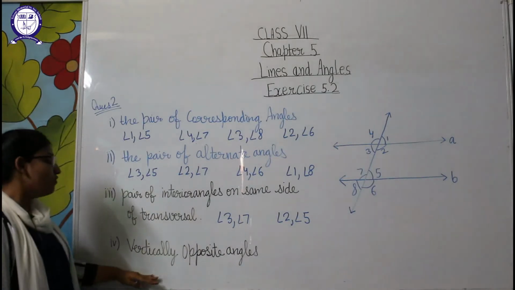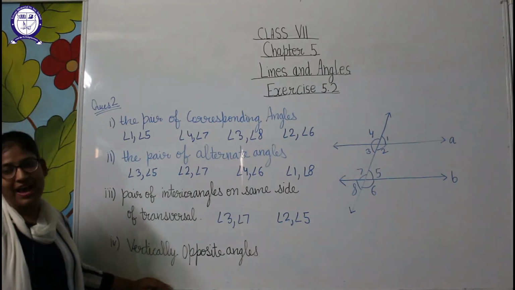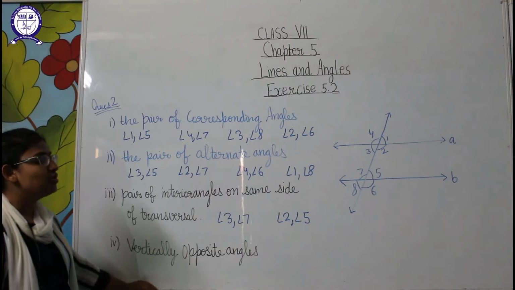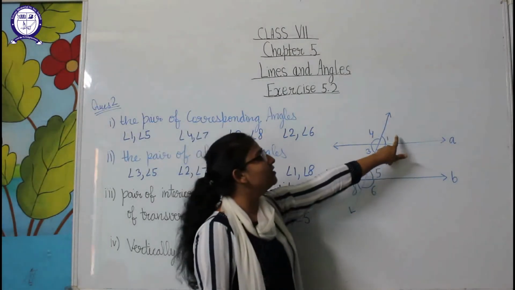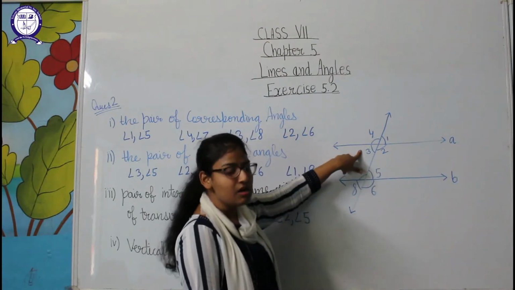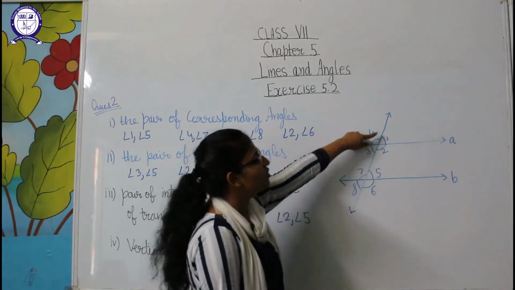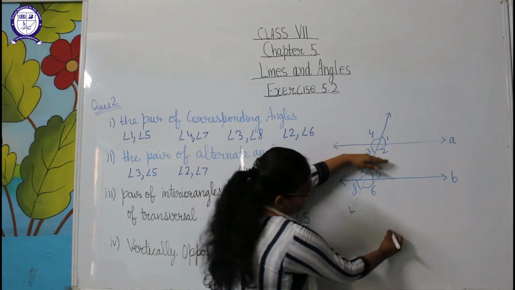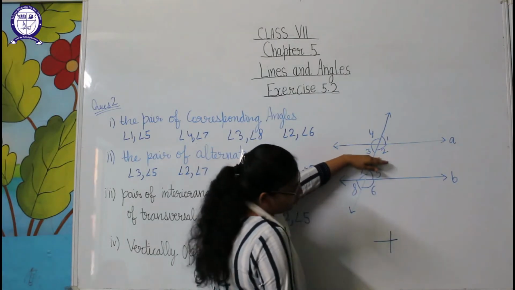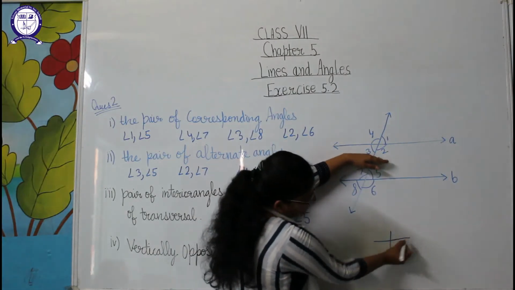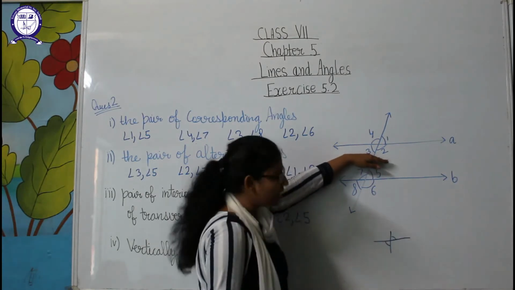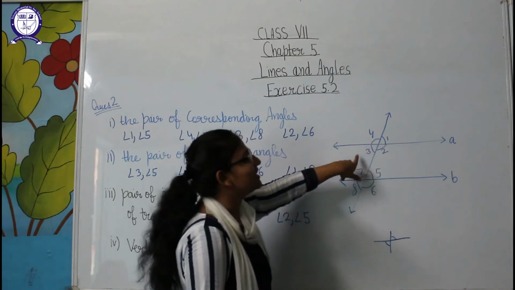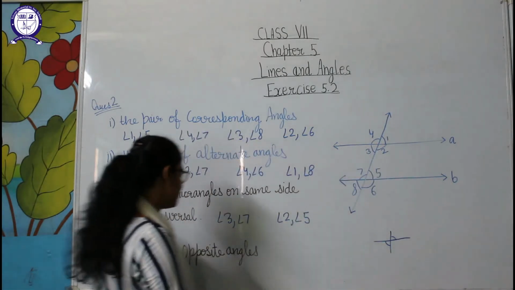Okay, now fourth part is vertically opposite angles. These types of angles you have done earlier. So simply angle 1 and angle 3 will be vertically opposite here, because we can configure this part like this. What are vertically opposite? Like this, the cross angles. So here angle 1 and angle 3 are vertically opposite.